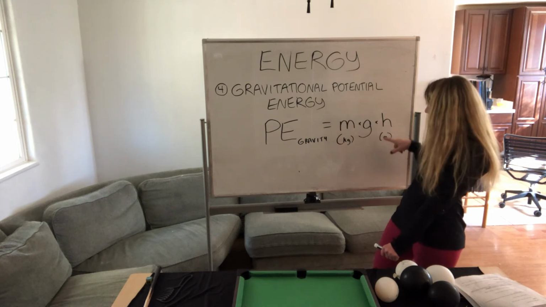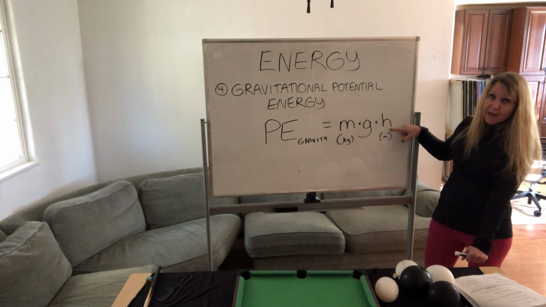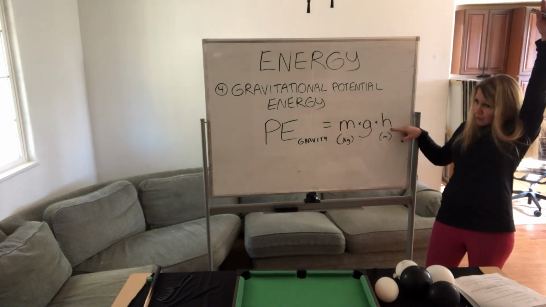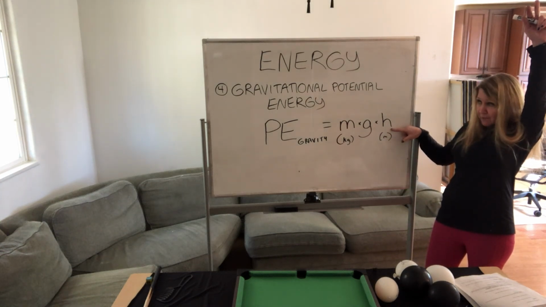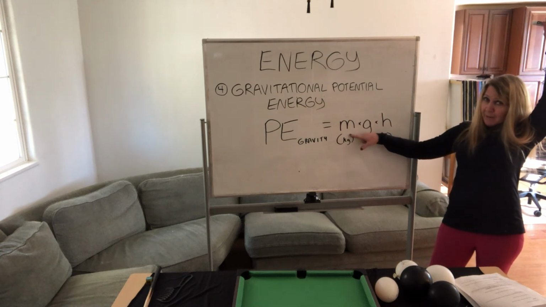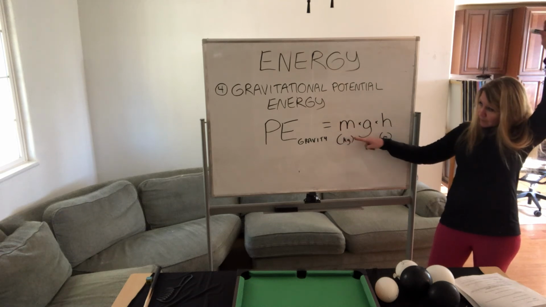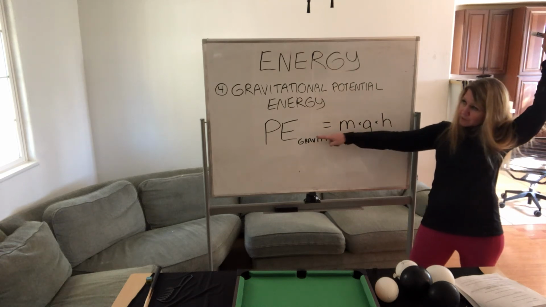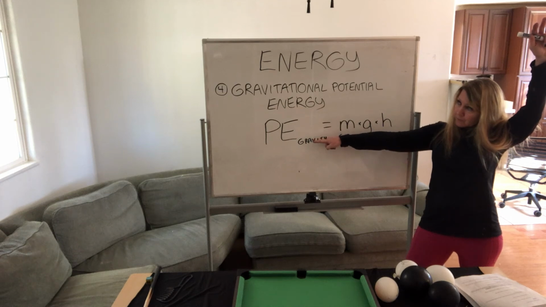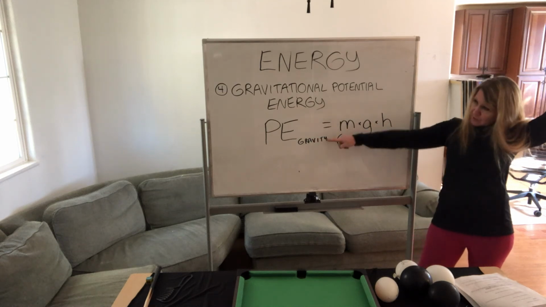And you can see the bigger this number is, the higher you are on the roller coaster, the more potential energy you're going to have. The more mass, the more potential energy you're going to have. If I increase this number, the energy is going to increase. If I increase this number, that number is going to increase.